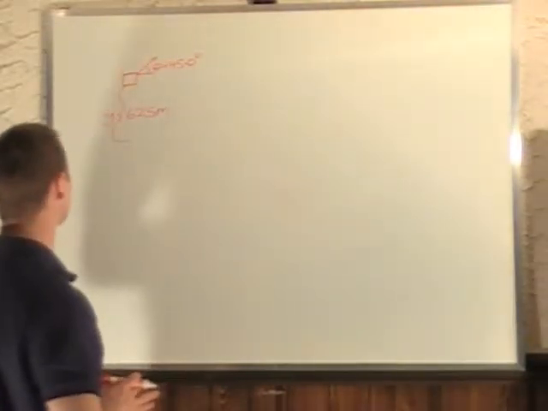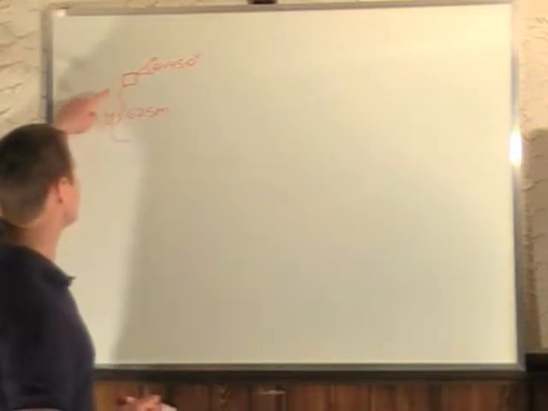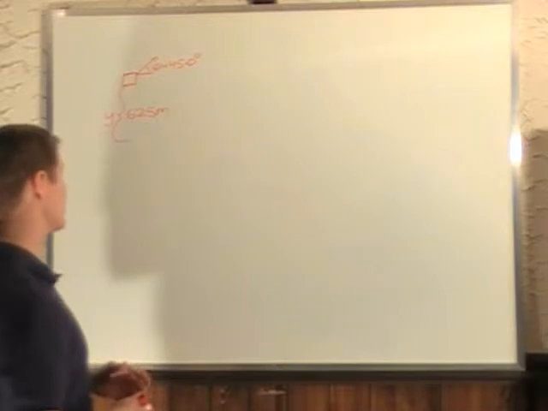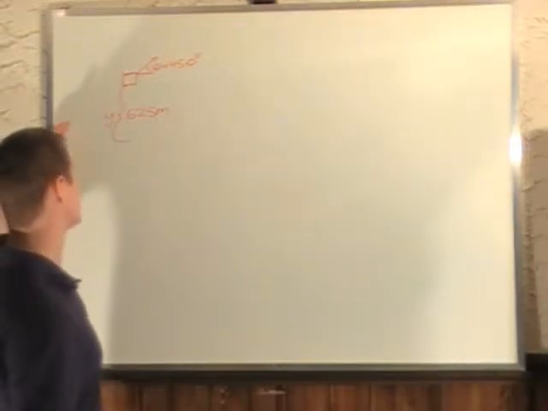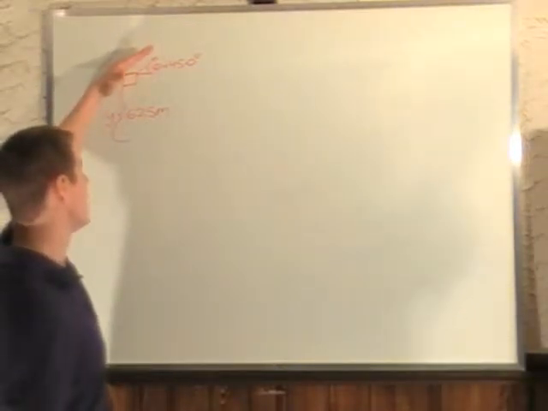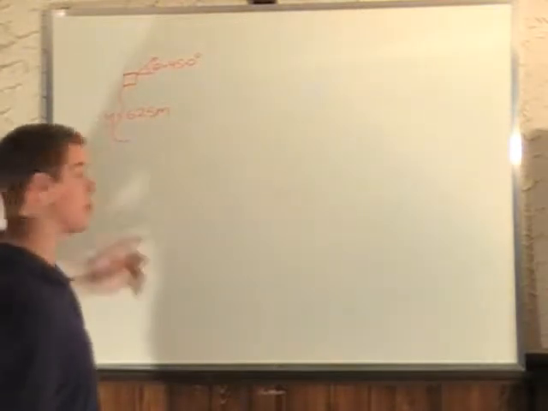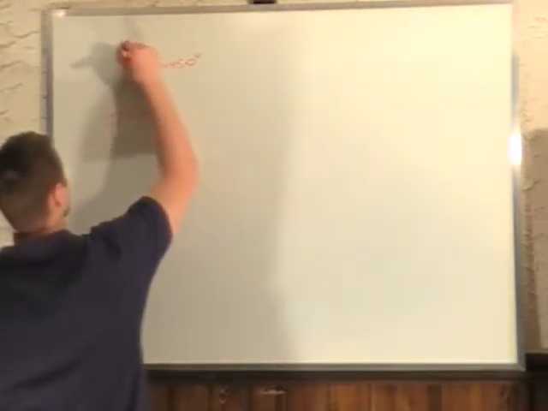The last piece of information we're given is the velocity that the plane lets go of this package at. Since the plane is going up at 45 degrees and at 102 meters per second, that's the initial velocity of the package.